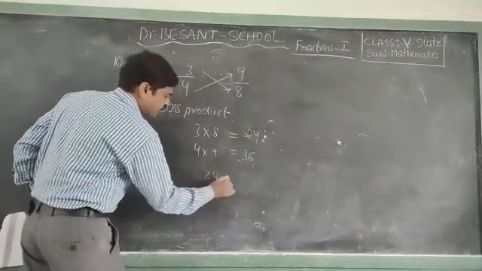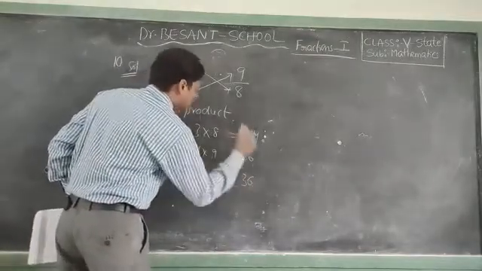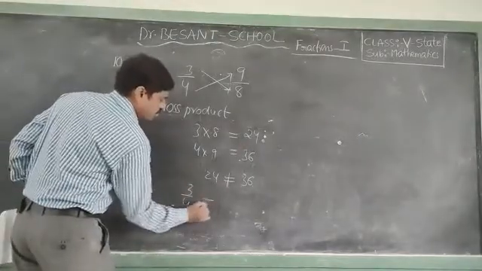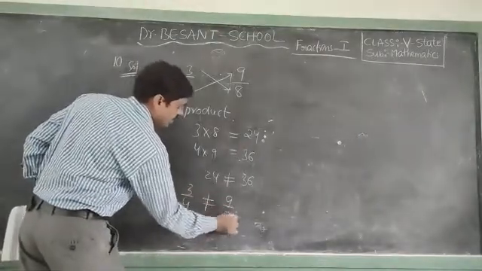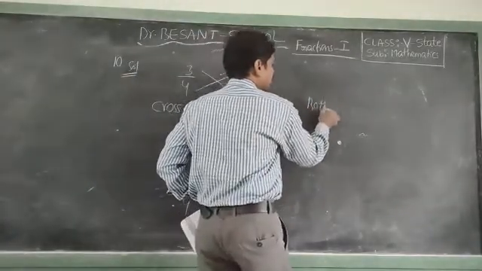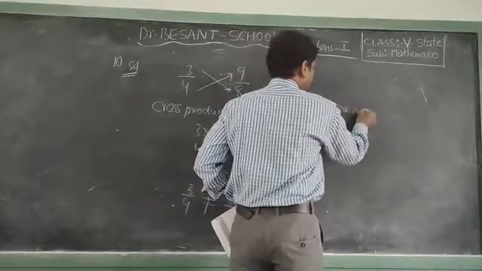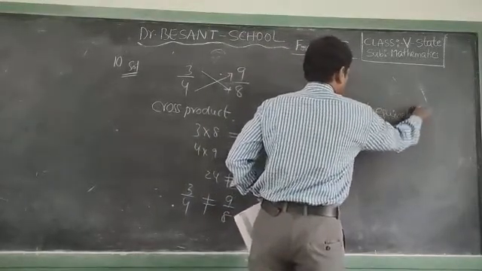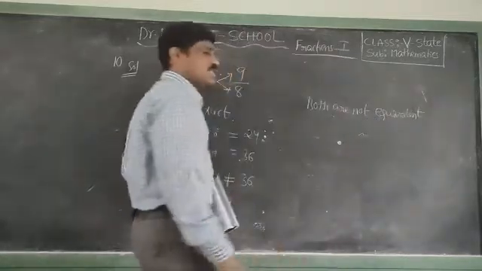So 24 not equal to 36. So 3 by 4 not equal to 9 by 8. Both are not equivalent. So this is like this.